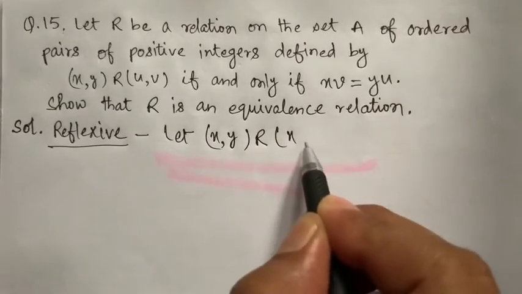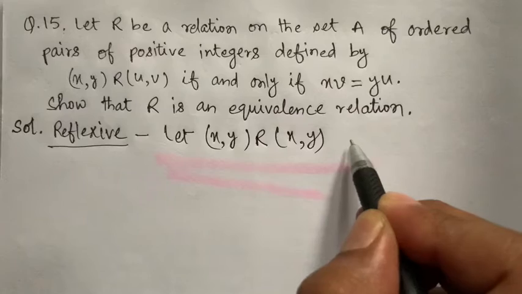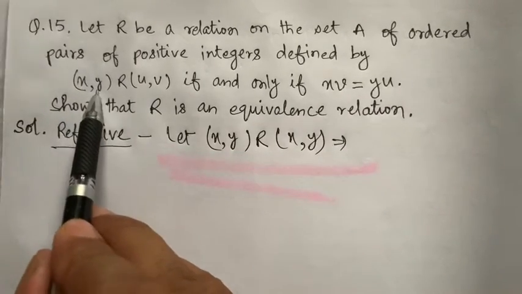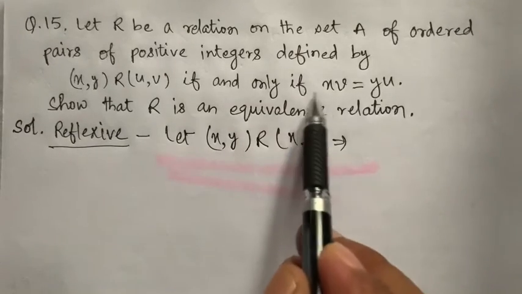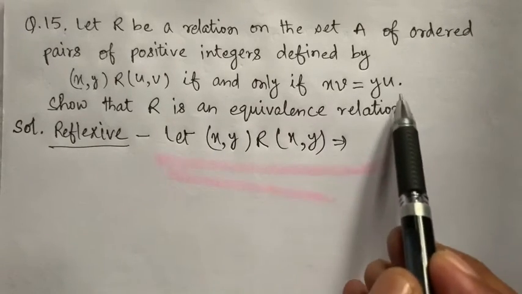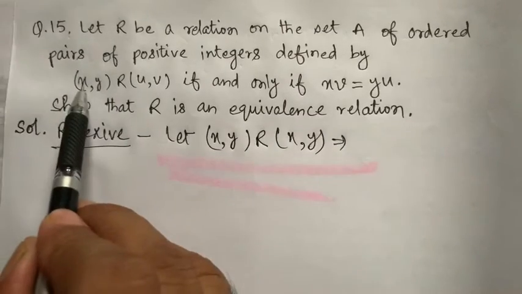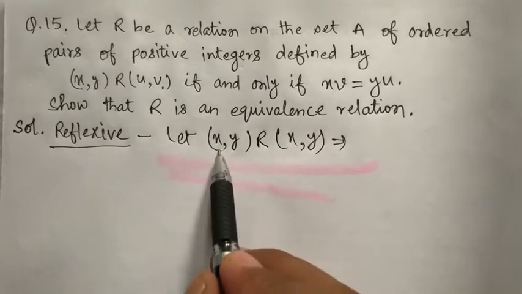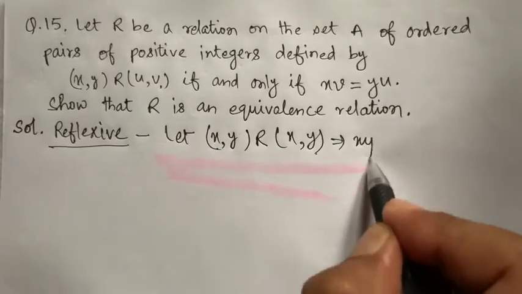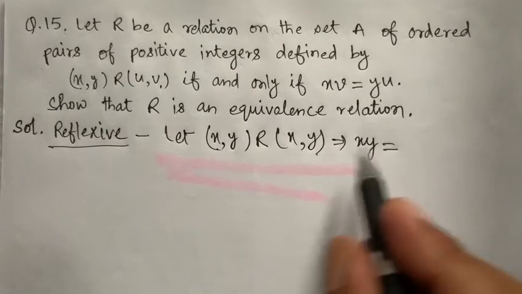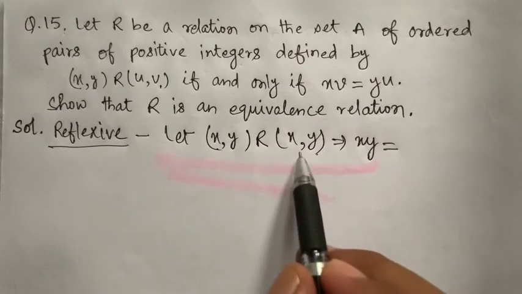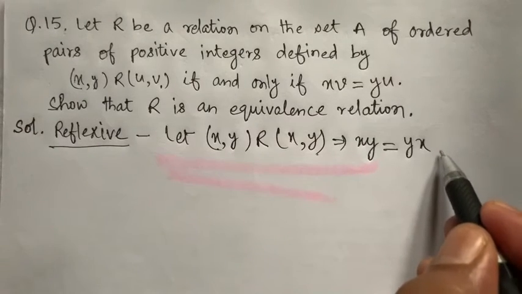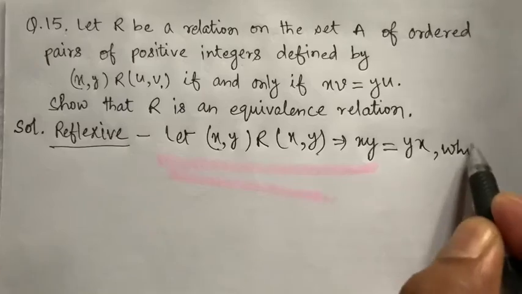That means (x, y) R (x, y), we will write according to its definition. (x, y) is related to (u, v) if and only if xv is equal to yu. That means x, the first component, is related to the fourth component, so we will have xy is equal to, now second is related to the first of second pair, so it will be yx.